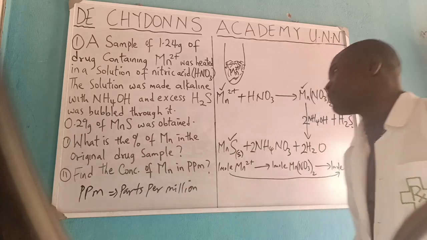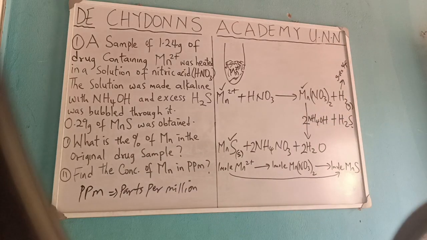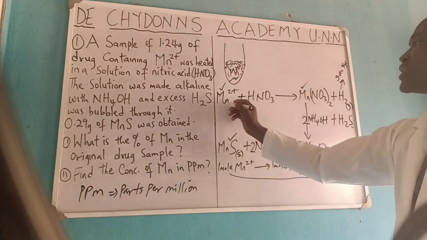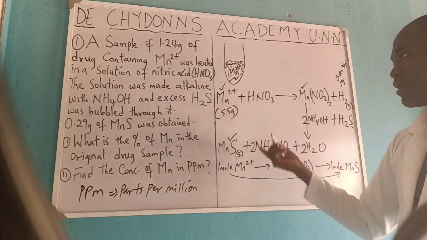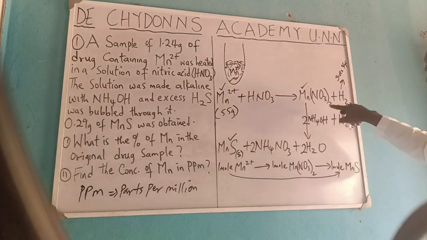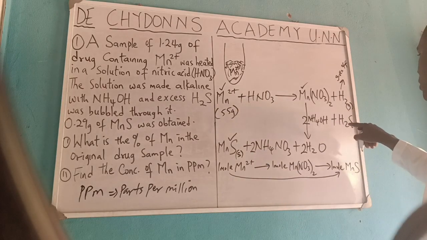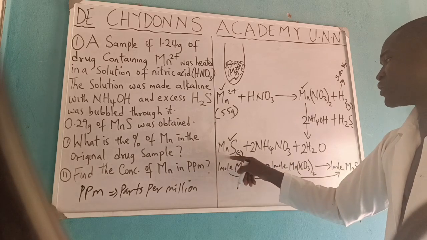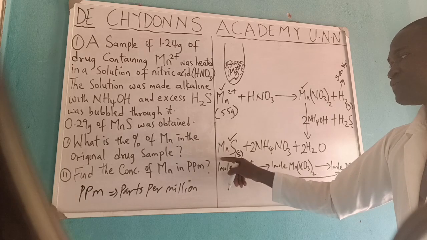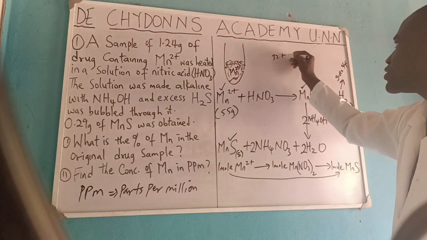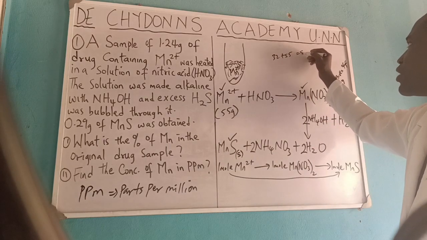I need to talk about this well now so that I can solve this question, the percentage of this in the drug sample. Now what I will do is that since they gave me this, I will check the atomic mass of this. This is 55 gram per mole. Then this one is 55 plus 32. Atomic mass of sulfur is 32. Manganese is 55. So 32 plus 55 will give you 87.